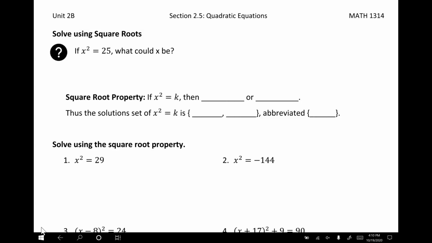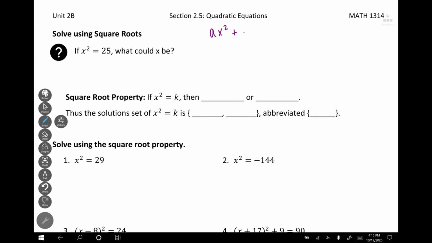So this actually is only going to work in some cases, and that's going to be where you don't have that bx term. So if you have ax squared plus c equals 0. So if you can write the equation in that form, then that's when this is going to work primarily.